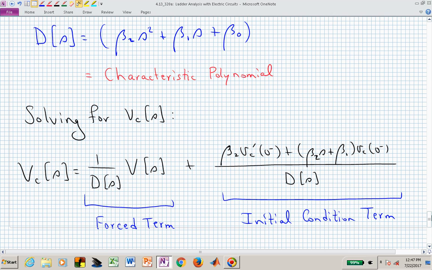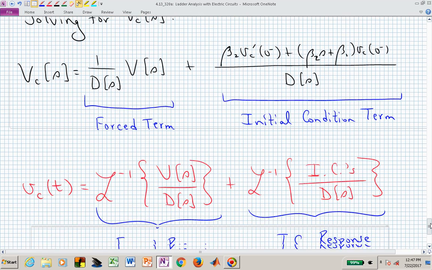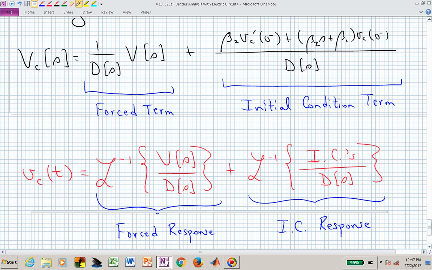And then we will have a second Laplace transform piece that is associated with the initial condition terms that involve the output voltage's initial value and its derivative's initial value. Now, what we will subsequently learn is how to inverse Laplace transform, move from the frequency domain back into the time domain, so that we would find capital V sub C of S if we inverse Laplace transform that, which we're indicating by this script L raised to the minus 1 power.